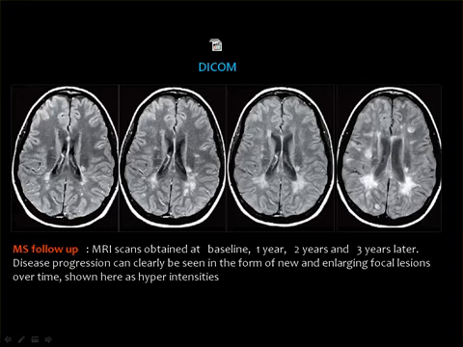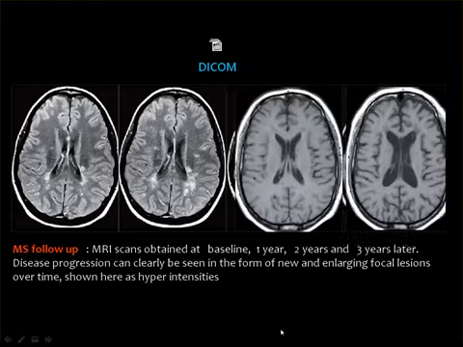And we try as much as we can to compare images, the previous one with the recent ones. But if you look at this example, and you see this is the initial scan and the follow-up scans at 1 year, 2 years, and 3 years, it's easy for you to say that the disease is progressive.